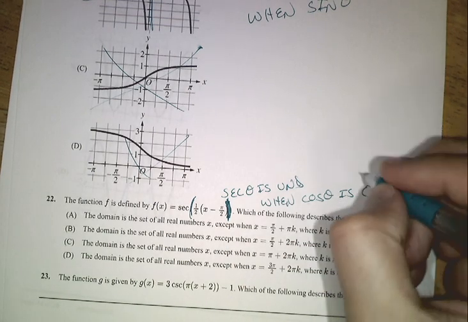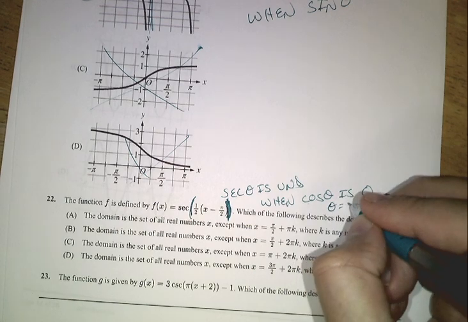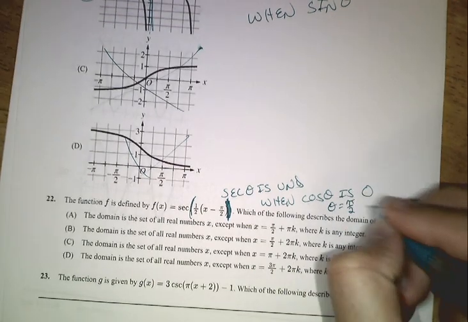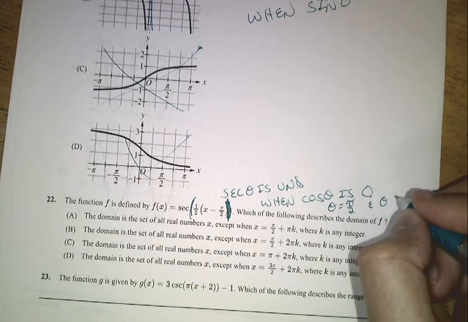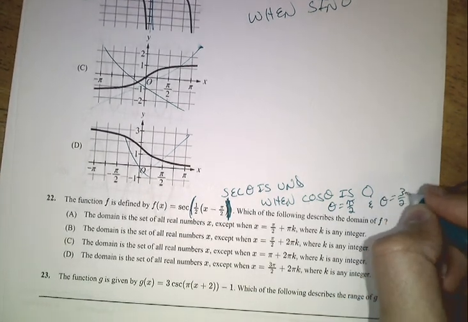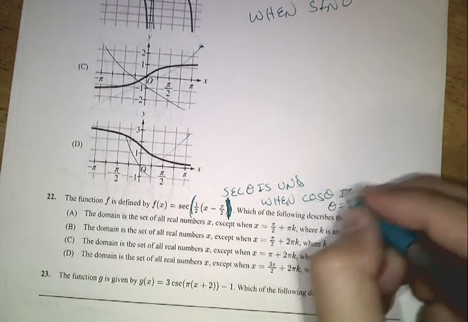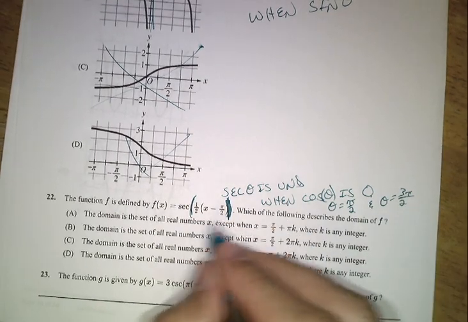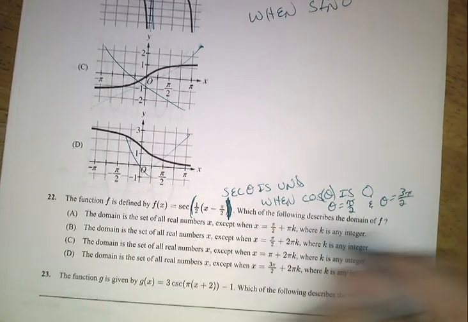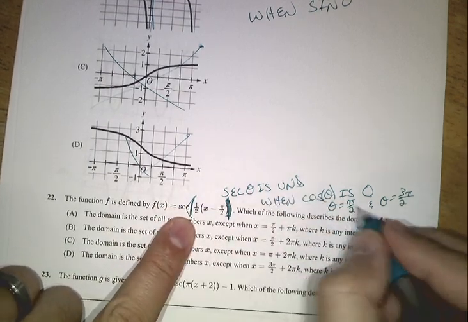Cosine is equal to 0 when theta is equal to pi over 2 and theta is equal to 3 pi over 2. So cosine is 0 when all of this inside is equal to pi over 2. I need to figure out when all of this is equal to pi over 2.